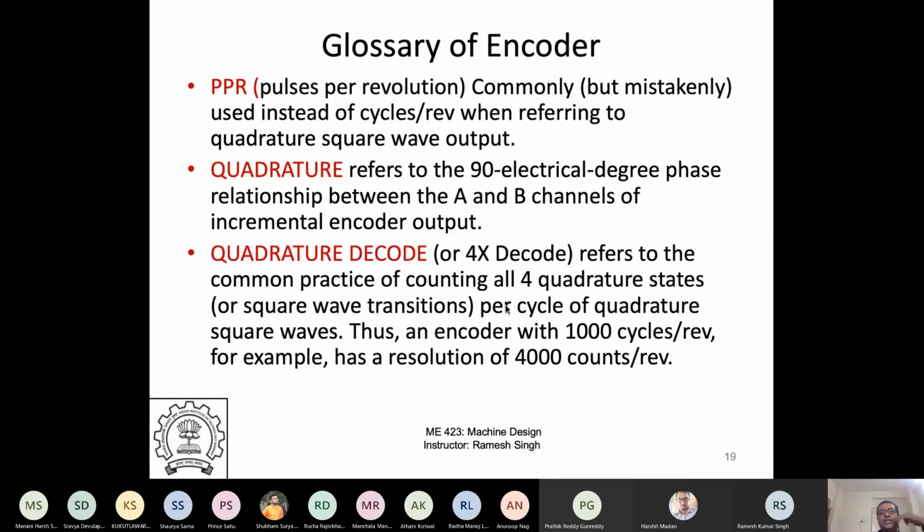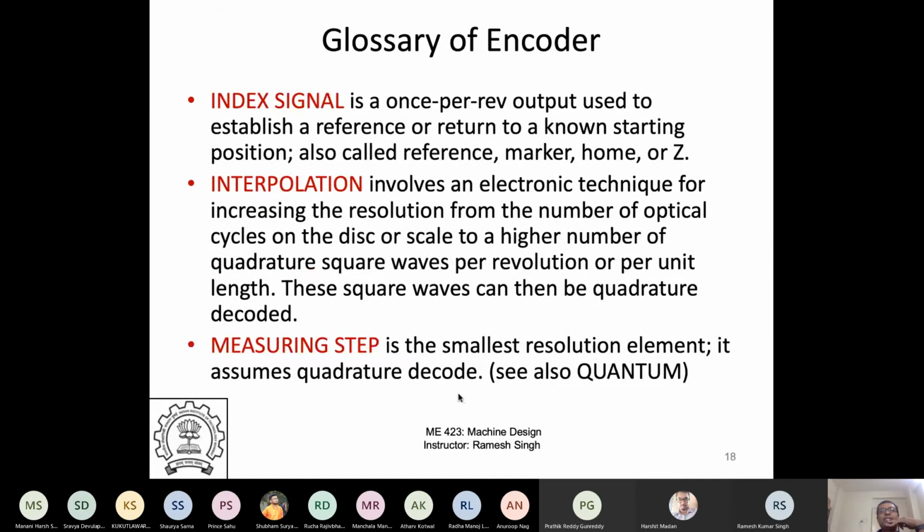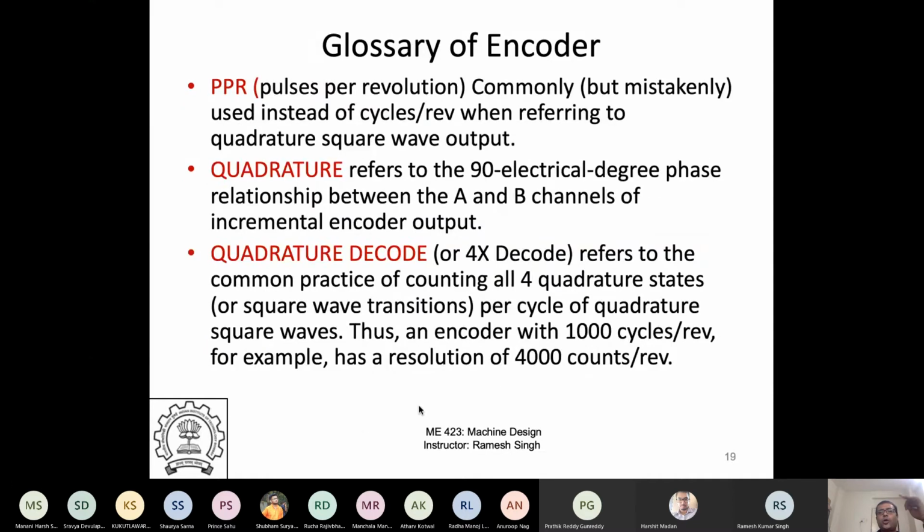Measuring step is the smallest resolution quadrature can decode, not the actual location of your pulse generator or your slit, but the quadrature step, because you can always have 1/4. It's also called the quantum.